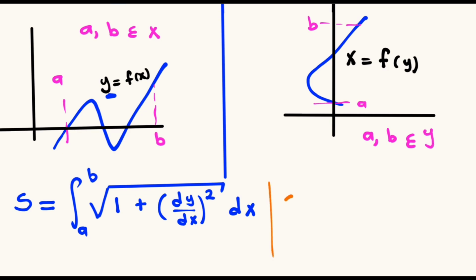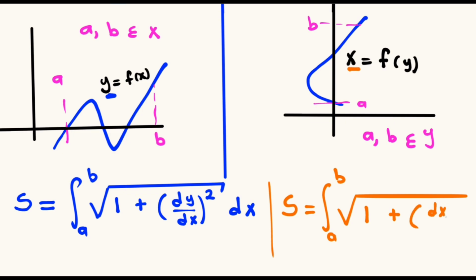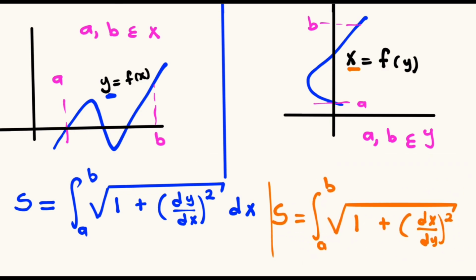Then the length denoted by S will be equal to the integral from point A to point B of the square root of 1 plus the derivative of that x with respect to y, squared, and this time around we integrate with respect to y.